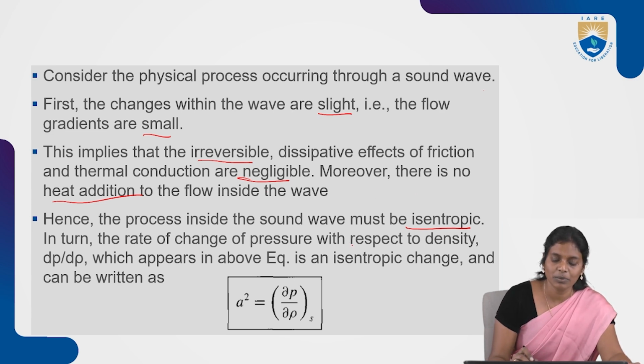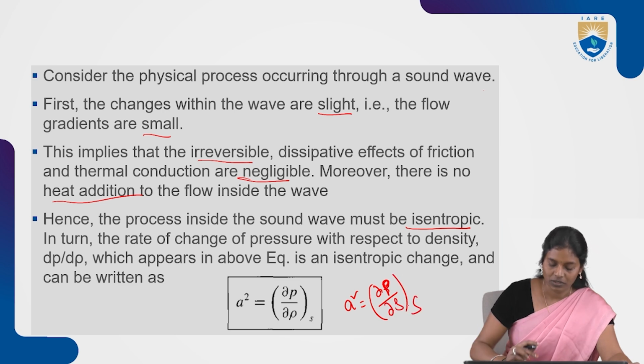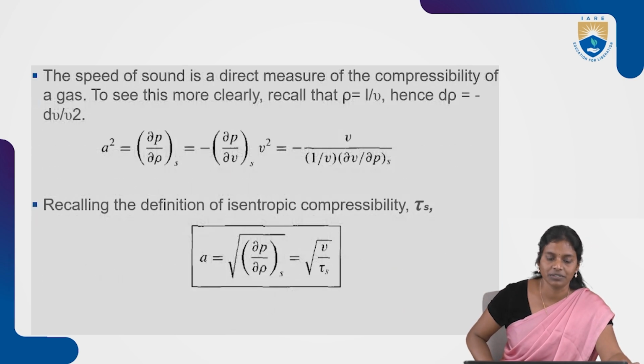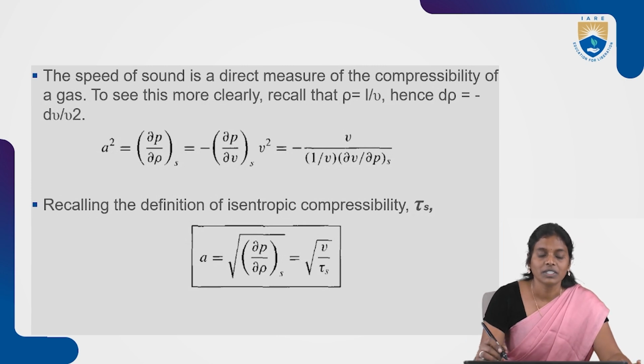So the rate of change of pressure with respect to density that we got from the previous expression, since the process inside the sound wave is isentropic, we can write as dou P by dou rho at constant S. Now we know the speed of sound is a direct measure of the compressibility of a gas.